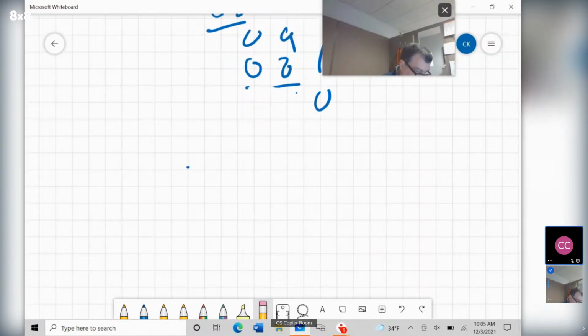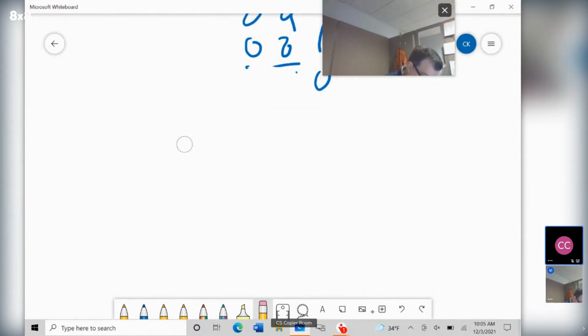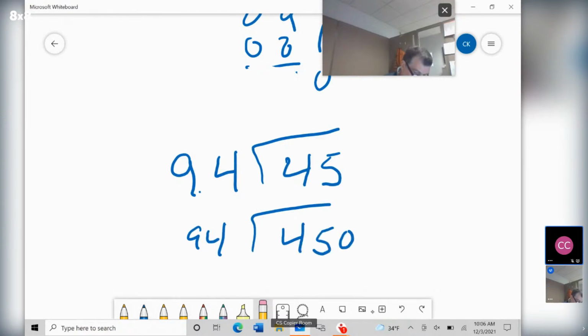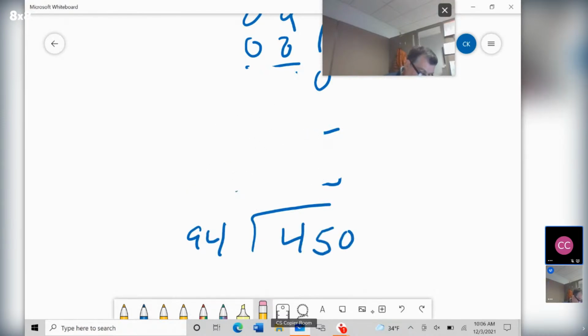If we have 9.4 divided by 45, well, we see this decimal right here, so we have to move it 1 place. So we're going to multiply both by 10. That's going to be 94, and this now becomes 450, okay? So it's 94 into 450.